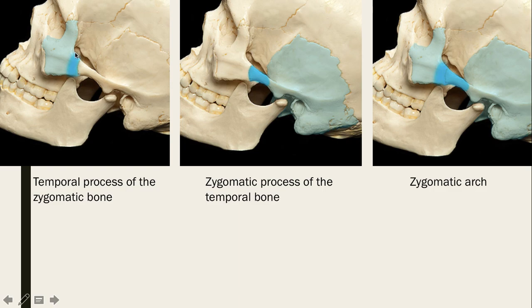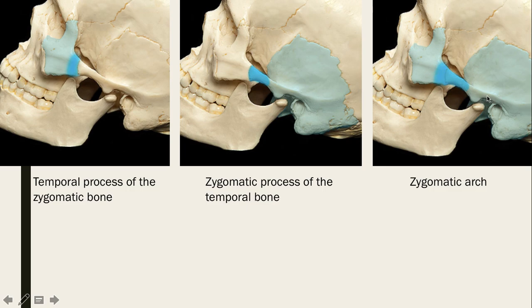So the temporal process is on the zygomatic bone. It's the temporal process because it's right about to meet the temporal bone, but it's still on the zygomatic bone. Same with the zygomatic process. We're about to meet with the zygomatic bone, but we're still on the temporal bone. And then the zygomatic arch includes both.